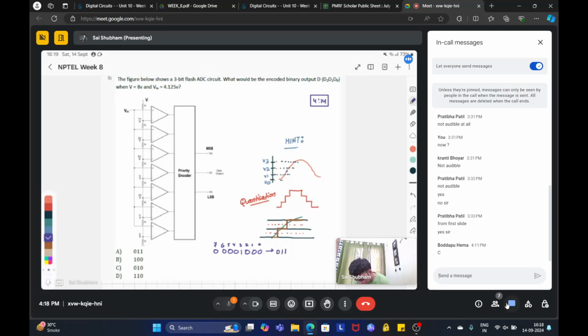Fine. But in case of a priority encoder, if you give this, then it will give you like this. If it is like this one, it will give you the output corresponding to 4.